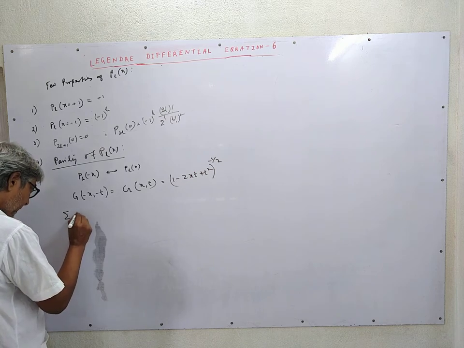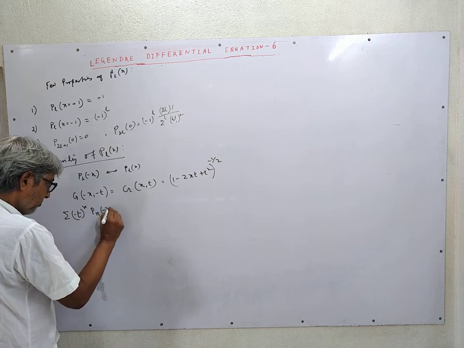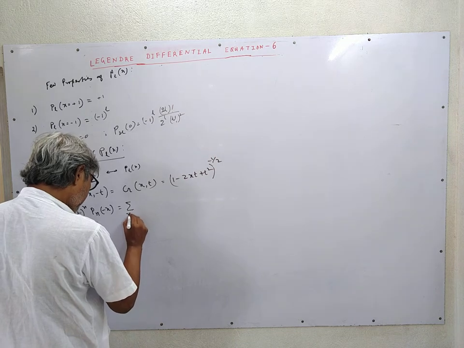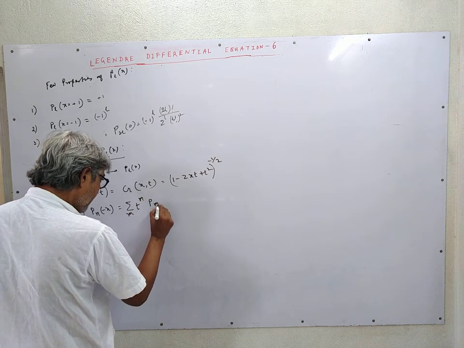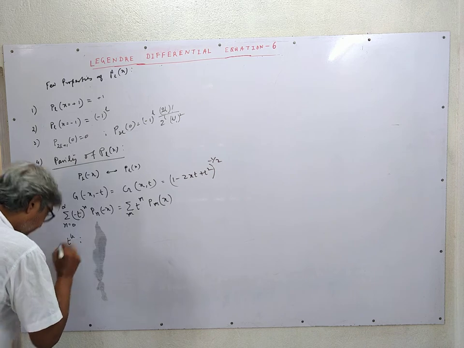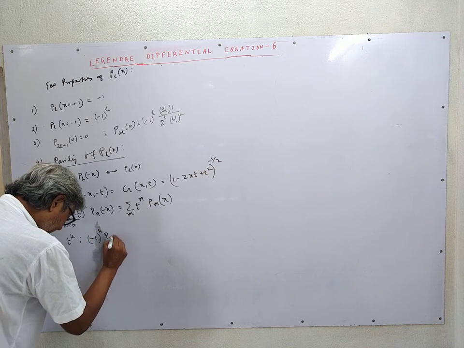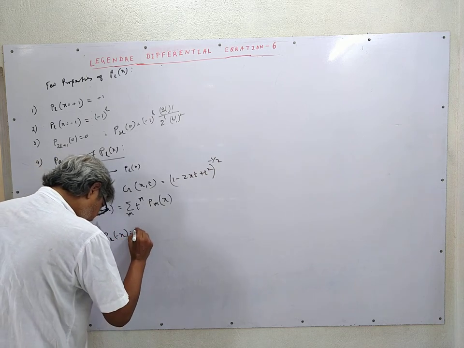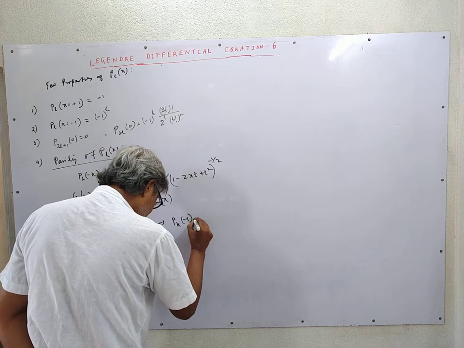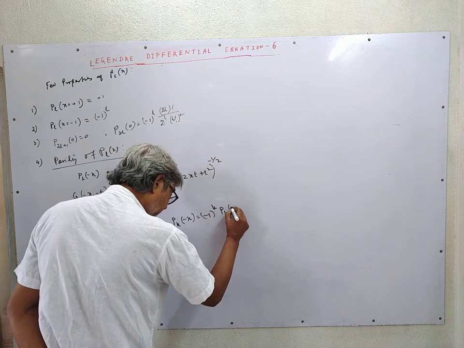And if we write this as sum over n equal to 0 to infinity of minus t to the power n, Pn of minus x, which is equal to sum over m equal to 0 of t^m Pm of plus x, and we collect the coefficient of t to the power k, then we find minus 1 to the power k Pk of minus x is equal to Pk of x, which leads to Pk of minus x is equal to minus 1 to the power k Pk of x.